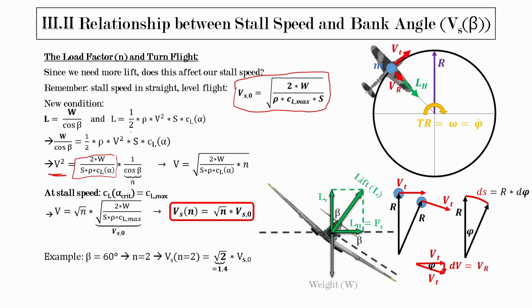We've already established this is our load factor n. Now we solve for speed by putting the square root over it, so we get this. Now we have again our Vs. This is our Vs naught, and this is our square root load factor.